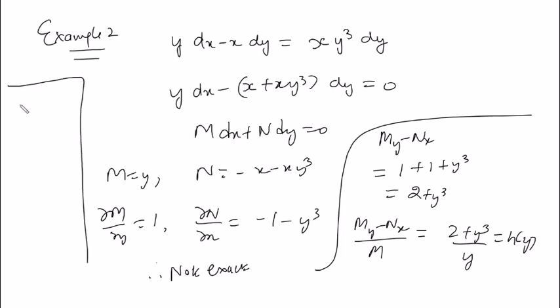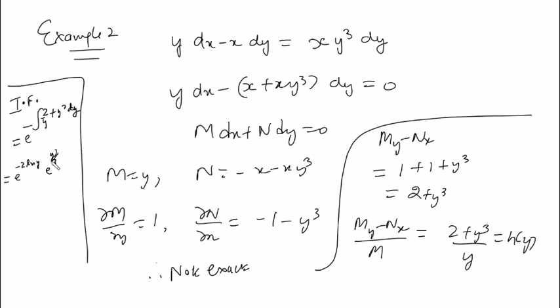Right? So what is the integrating factor now? In this case, remember there is a minus: e raised to the power minus of whatever this function is, 2 by y plus y square, dy. So on integrating you will get minus 2 log y and e raised to power y cube by 3, that is the integral of y square.